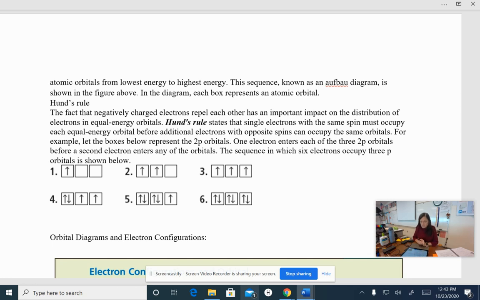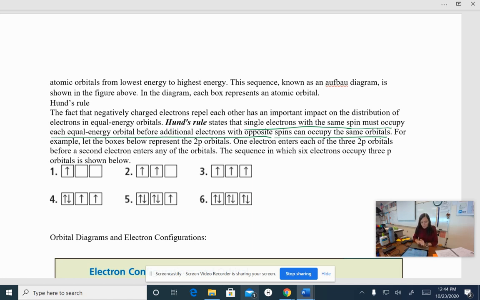Hund's rule states that single electrons with the same spin must occupy equal energy orbitals before additional electrons with opposite spins can occupy the same orbitals. In other words, if I have a bunch of orbitals that are the same energy, the electrons are going to go into each of those same energy orbitals as single electrons before they start to share.